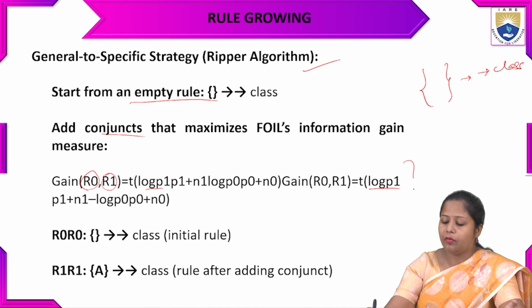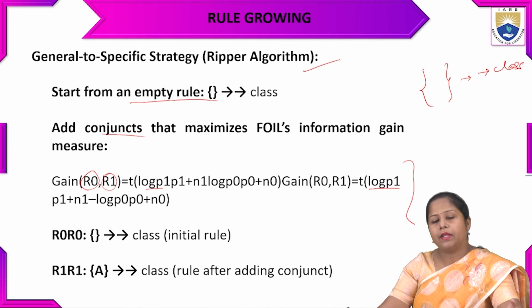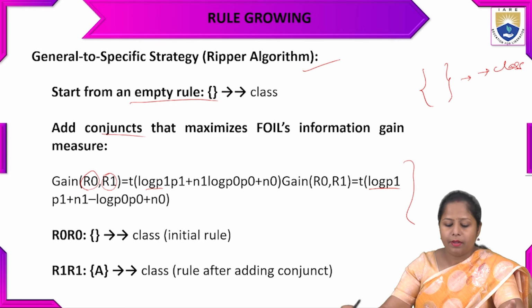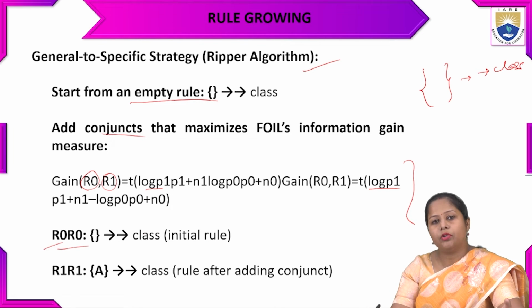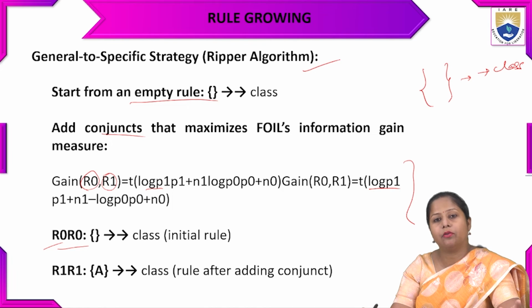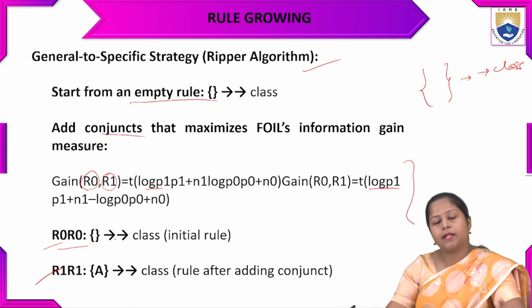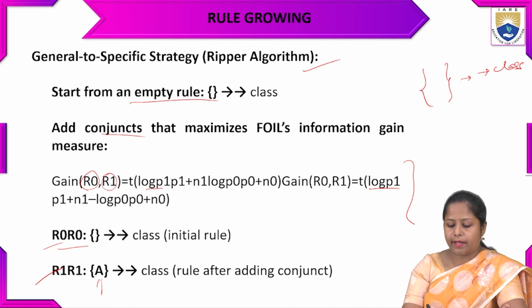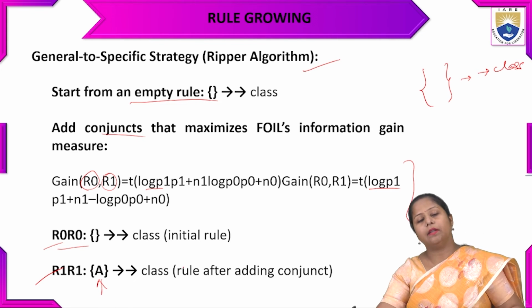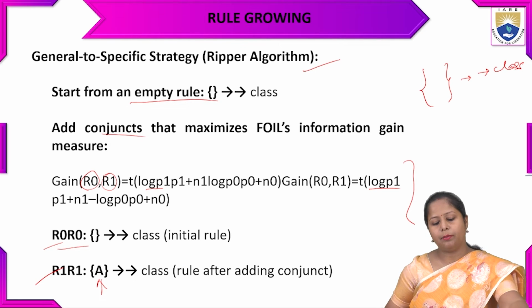That will be the information gain for the FOIL measure. That will be the second step. In the third step, R0 is the initial rule, the empty rule. Again, R1 classifies the class, and we add the conjunct to it. That will be the fourth step.